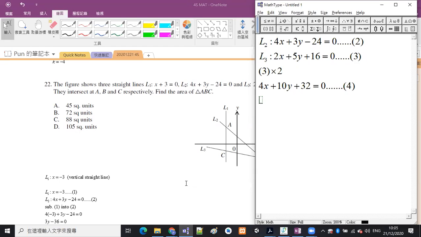Then I'm going to use equation 4 minus equation 2 to cancel out the x term. 4x and 4x will be cancelled by each other, and the y term will be 10y minus 3y, that is 7y. And the constant term will be 32 minus negative 24, so that should be plus 56 equals 0. So we have y equals -8.